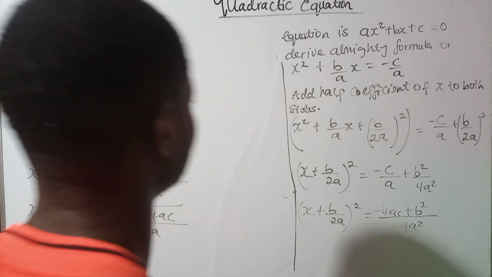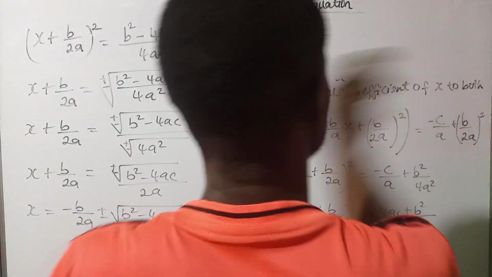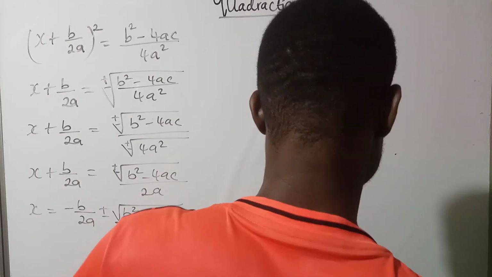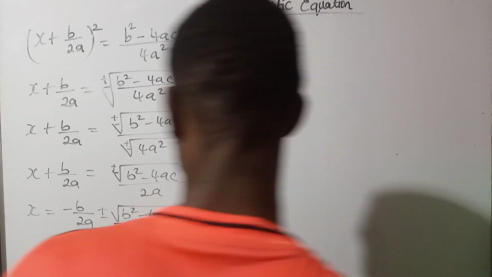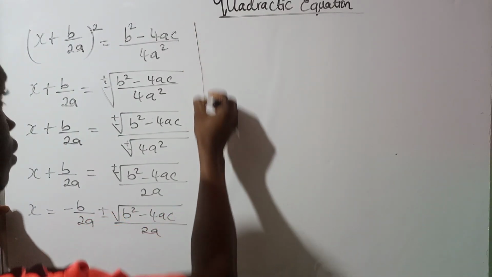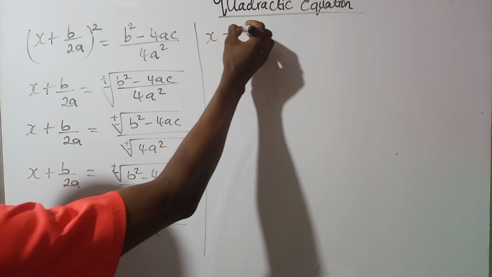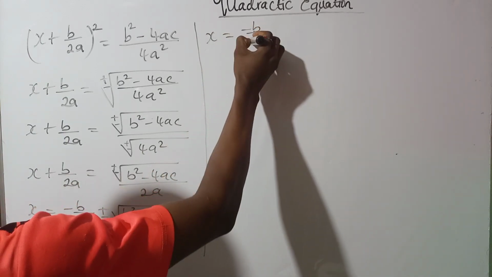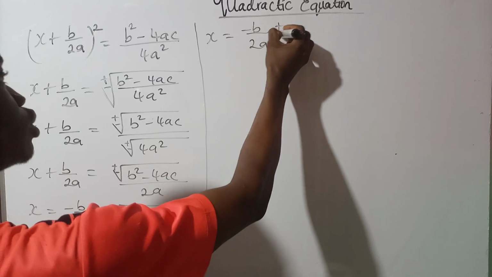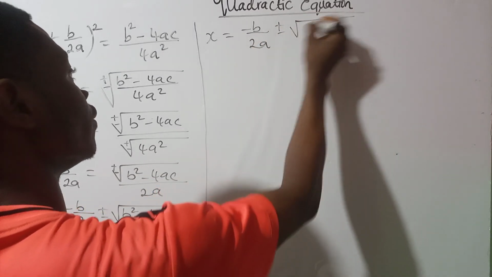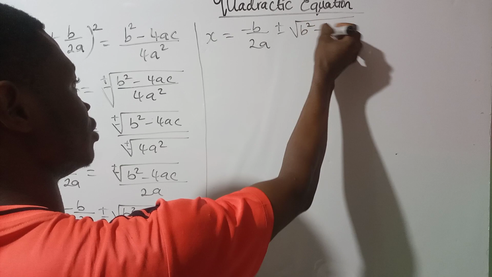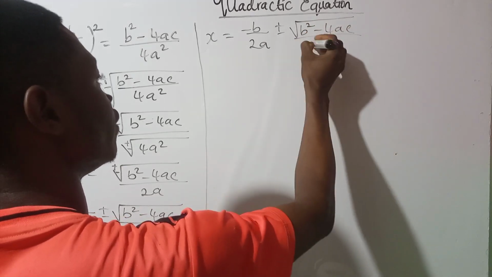So let's clean this side. So we are going to have x equals minus b all over 2a plus or minus square root of b squared minus 4ac all over 2a.